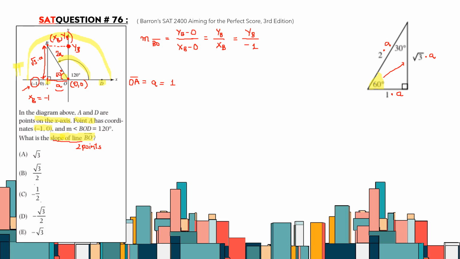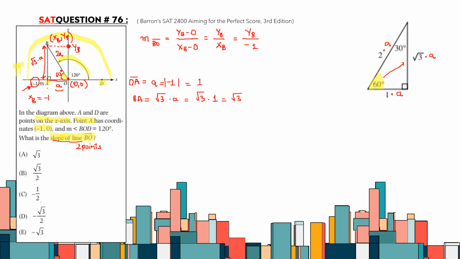The x coordinate can be negative, but the length of a measurement of a line will not be negative. So that is the absolute value of -1, that is 1. When a equals 1, the length BA is square root of 3 times a, so square root of 3 times 1, that's square root of 3.